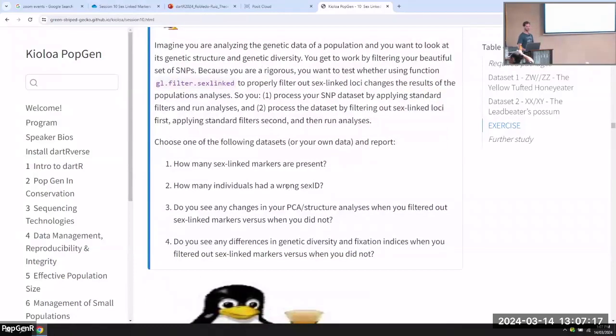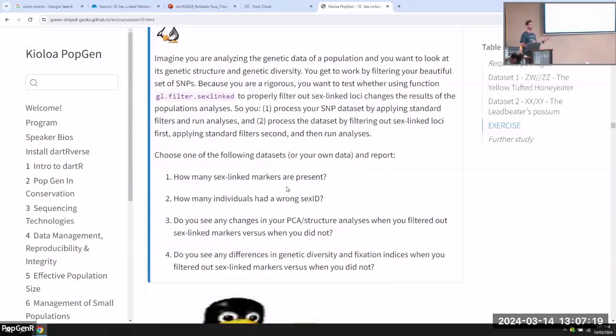And then there are some questions that you could try to answer, like, okay, how many sex-linked markers did I find in my data? If the answer is none, well, that's a very interesting result on its own, because what does it mean if you don't find any sex-linked markers? Does it mean you don't have enough markers, not enough coverage across your genome? Because you work on a frog and you have a 30 gigabase genome.